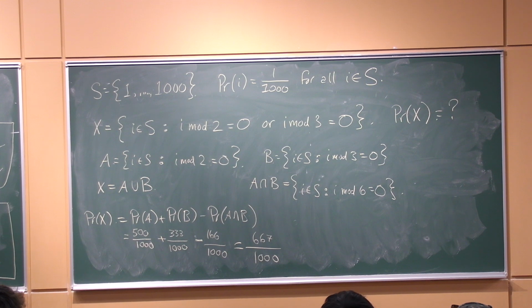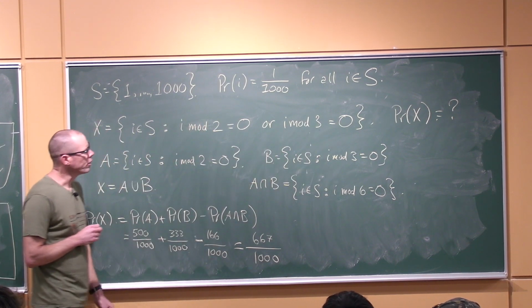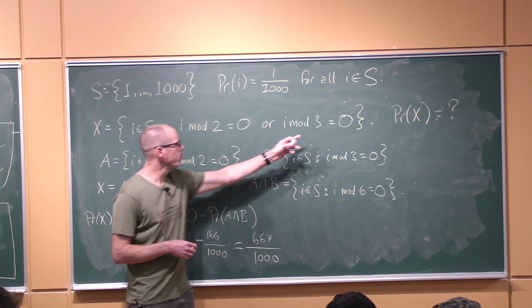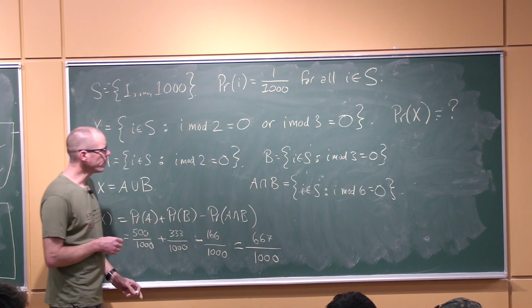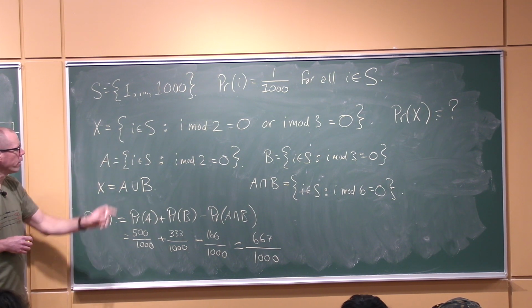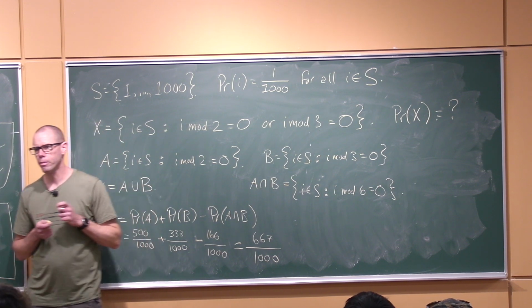So this works in this case because 2 and 3 are relatively prime, meaning they have no factors in common. In general, with two relatively prime numbers, so their greatest common divisor is 1, you'll get the exact product of those two things.